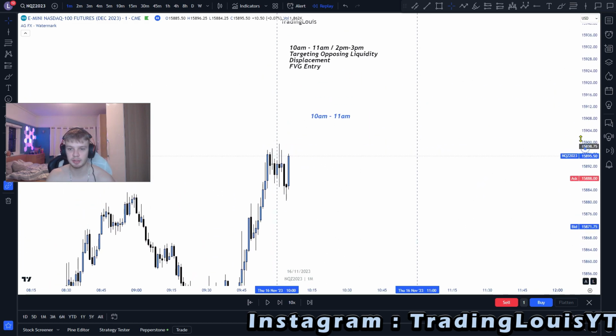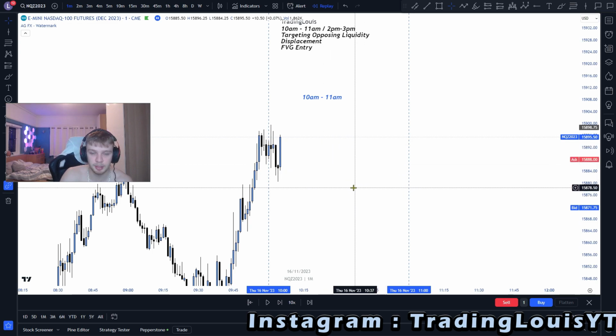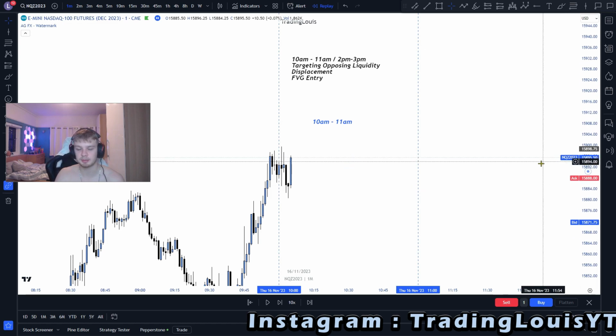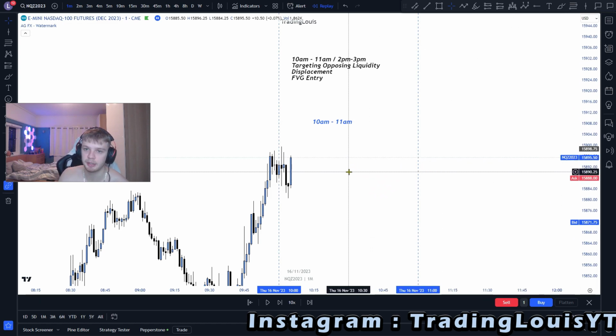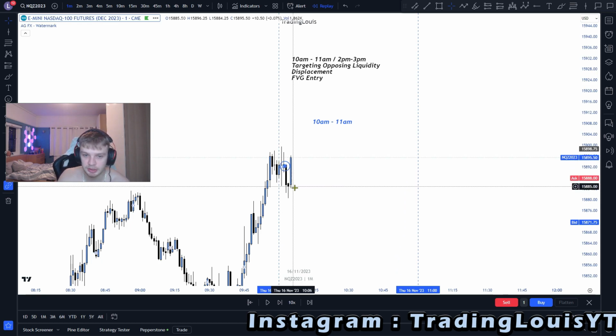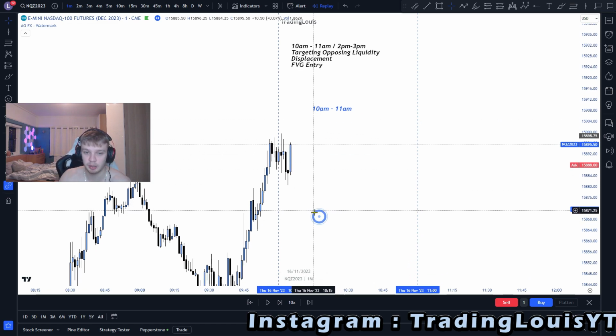Once you are looking for the silver bullet trade, you need to have strong displacement. If you don't have strong displacement with the silver bullet trade, then it is not the silver bullet trade. And displacement is just a strong candle or a strong few candles that show speed. And as you can see, that is not really a strong down candle, and we retract straight upwards.